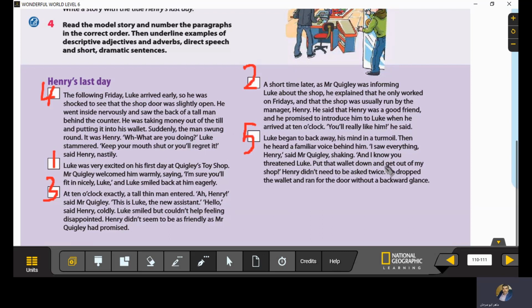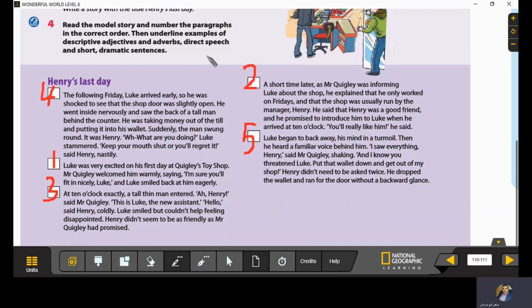Put that wallet down and get out of my shop." Henry didn't need to be asked twice. He dropped the wallet and ran for the door without a backward glance. You see, this is the way those writers bring those stories in a dramatic way.